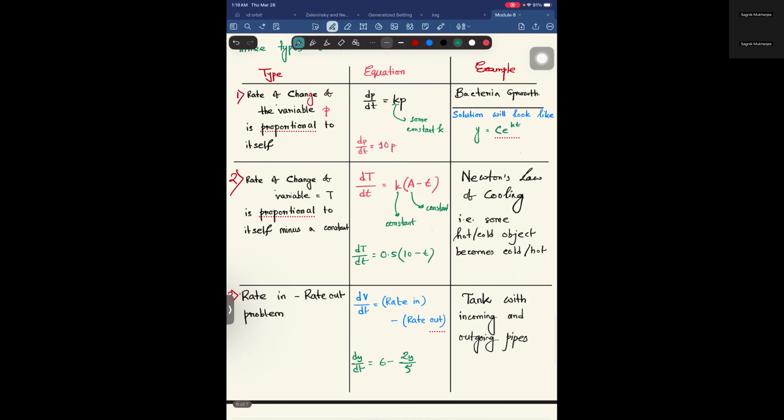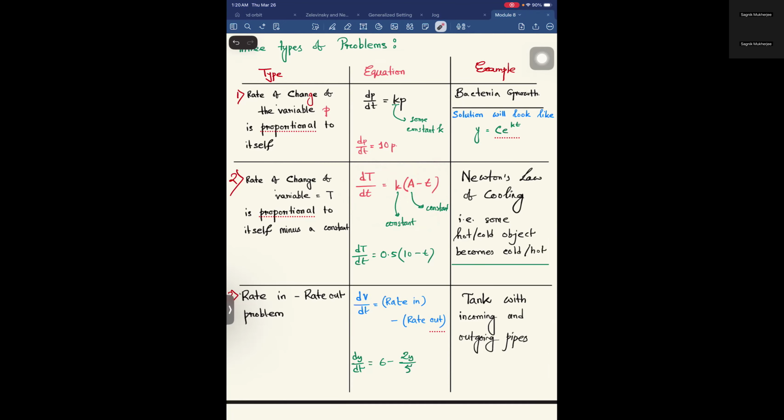Similarly, there is one more type of problem which is called Newton's law of cooling. Essentially you keep a hot object and it is slowly becoming cold, and you keep a cold object, it is slowly becoming hot. So that temperature is modeled by this differential equation, where k is again some constant, a is also some constant, but it is usually the initial temperature of the object.